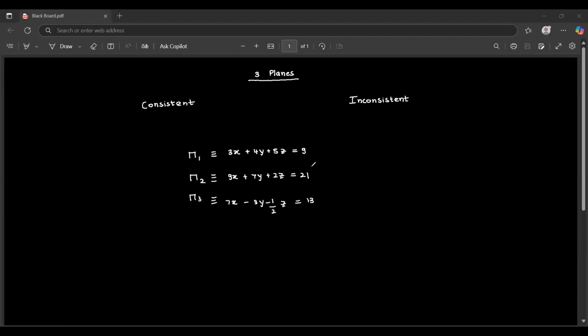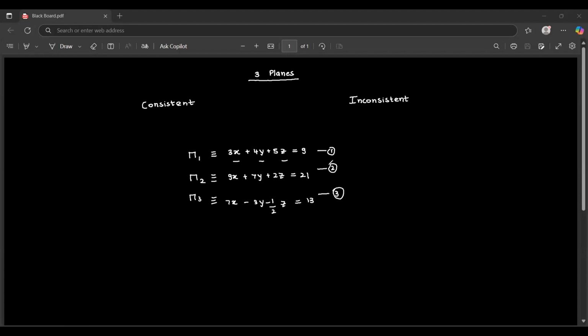The idea I'm trying to say here is, if you can find solutions for x, y, and z, it can be a single solution or an infinite number of solutions. If you can find the solution for all three equations given here, 1, 2, and 3, they are called a consistent interaction.